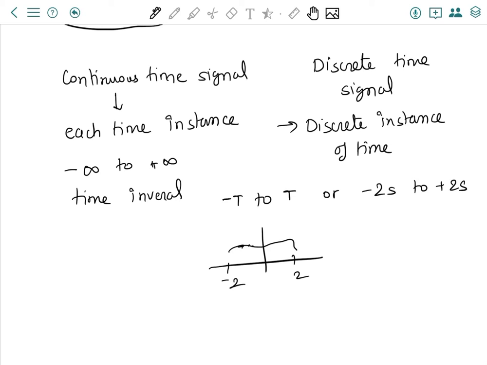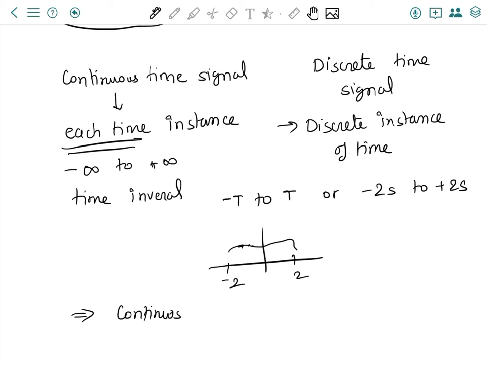So if we pick any value inside this interval and the signal is defined, we can say that in this interval the signal is continuous. If it's an interval and inside that interval it is defined for every time instance, then also it is called a continuous time signal.